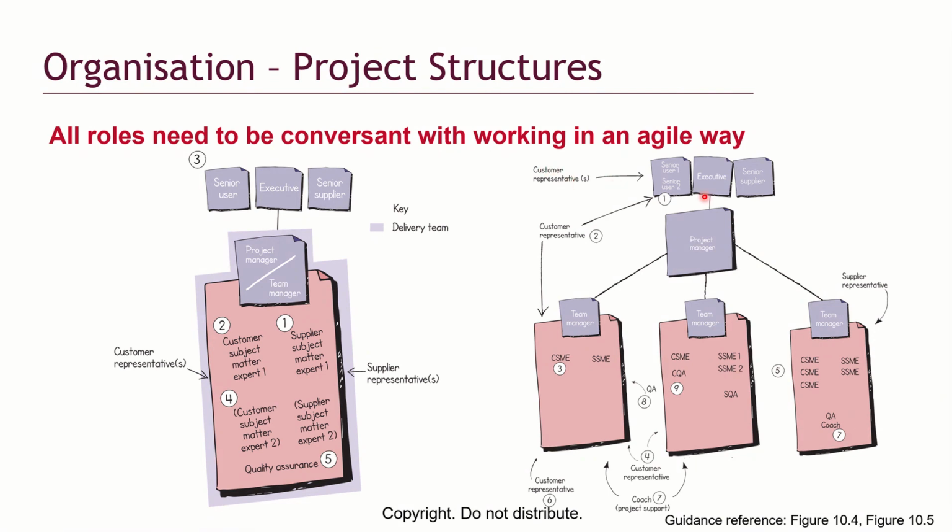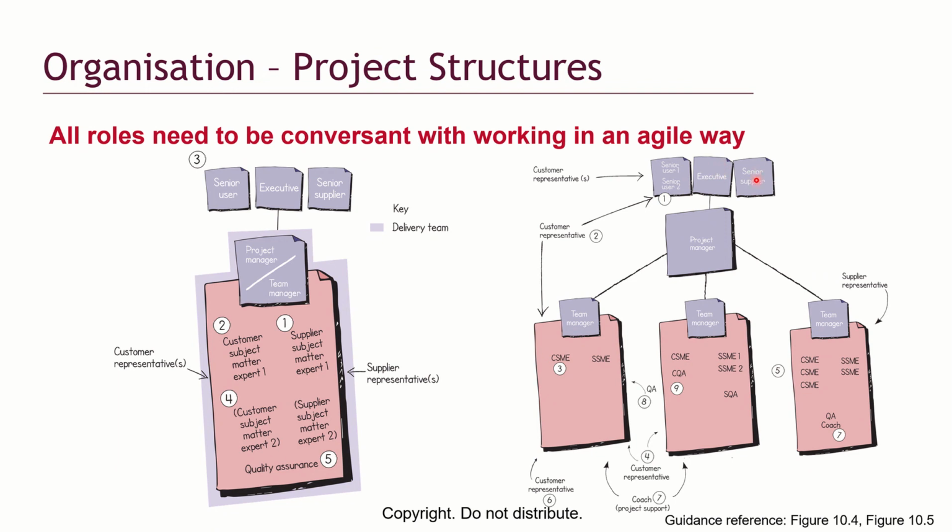And then you have the executive, the senior supplier, and the senior user. The senior user here represents those people who will take over. For example, if the project is for HR, then the HR people are the senior user. The IT people that are carrying out the activity can be the executive, that's the CIO.